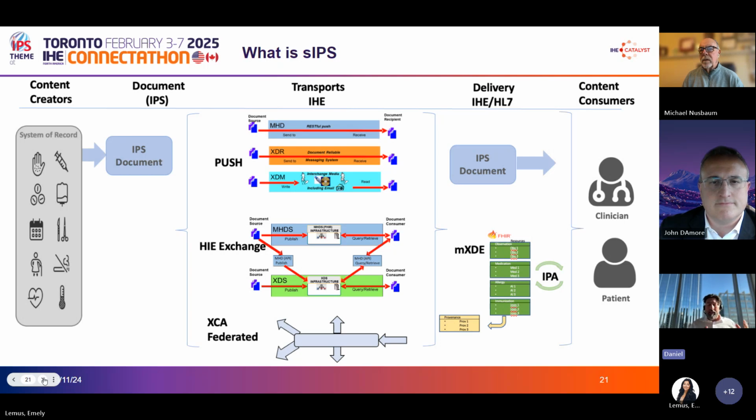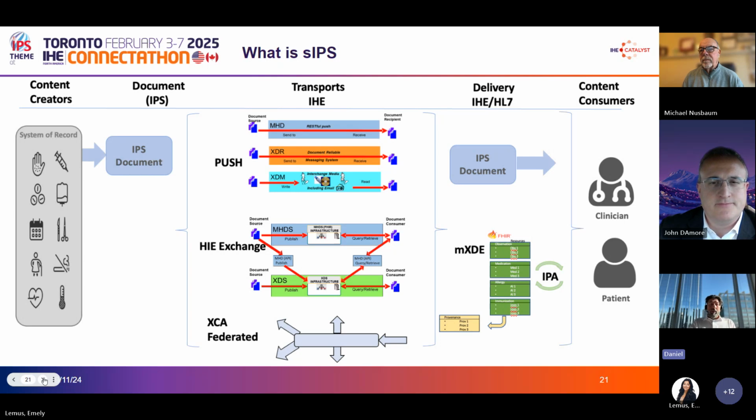We'll validate it against standard industry tools such as Gazelle, NIST, or Matchbox. And from that, you're exchanging it in one of these mechanisms which you pick, and a consumer is able to do something intelligent with your IPS, whether it's just show it or use it or extract some elements out of it. And that's how you get conformance for IPS.